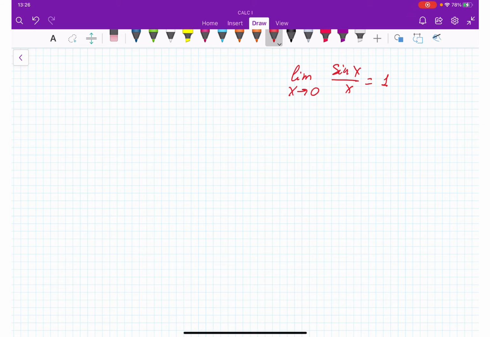We apply this principle only when we get uncertainty of the form 0 over 0, because sine of 0 is 0, and x approaching 0 is 0.